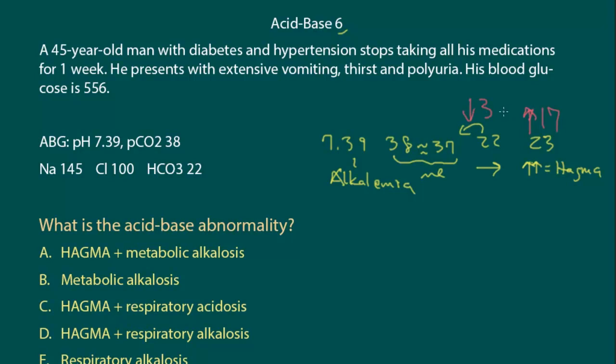So we have a HAGMA, definitely. We have a metabolic acidosis, definitely, by definition. But the bicarb is much higher than expected. So what's going on? We have a metabolic alkalosis in addition to the HAGMA. So this patient has a HAGMA and a metabolic alkalosis.